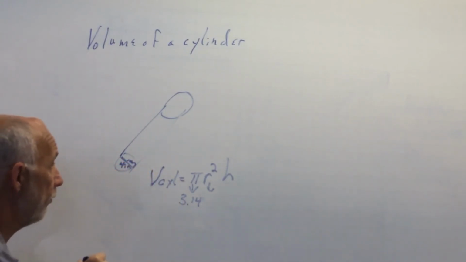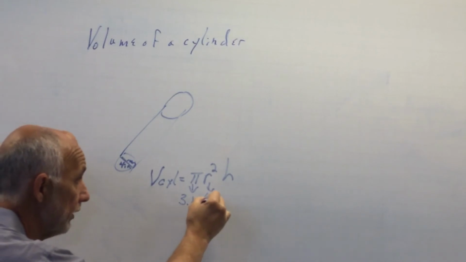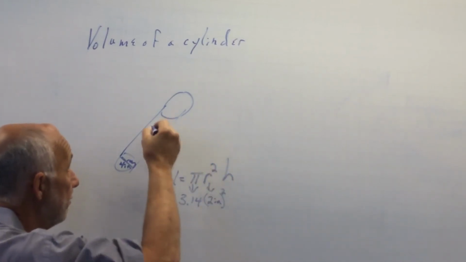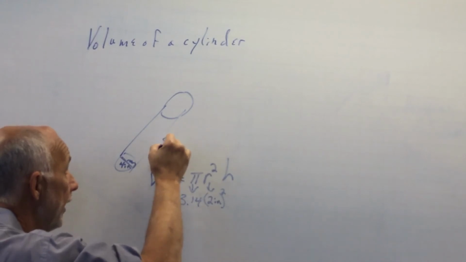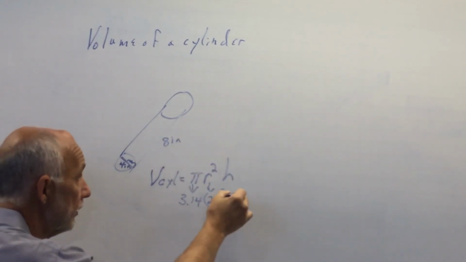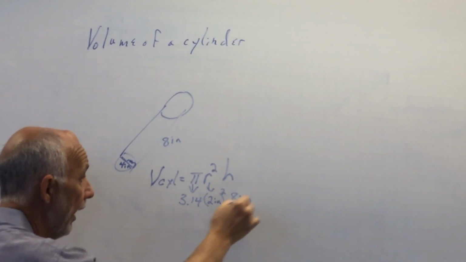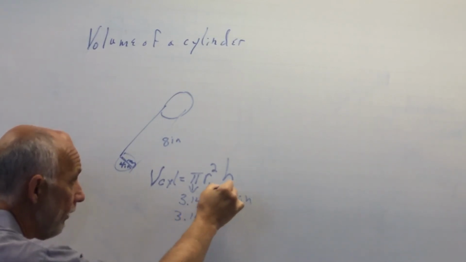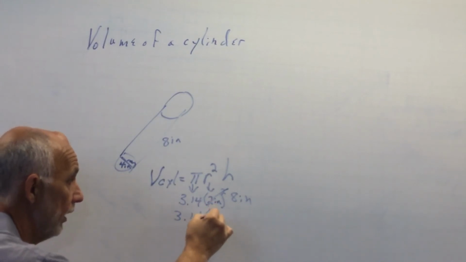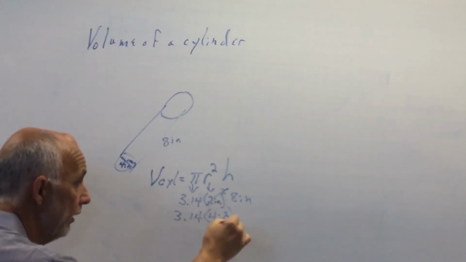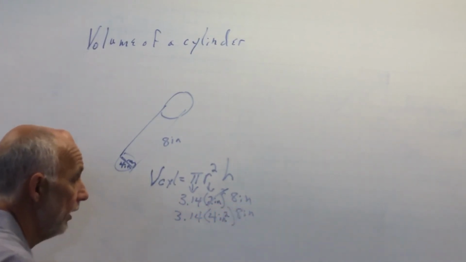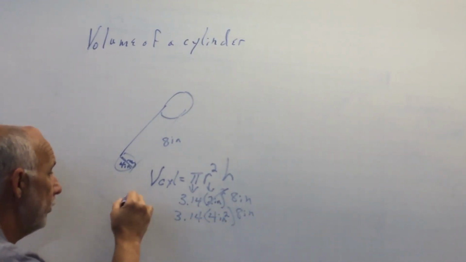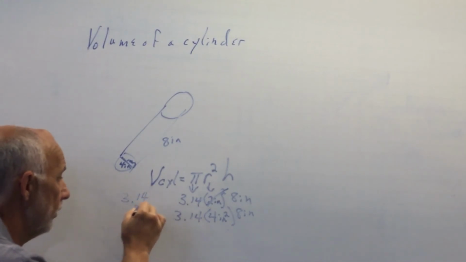And what's half of 4? 2. So this is actually 2 inches squared. And the height, let's say this one is 8 inches. So now I have 3.14 times, order of operations, exponents first, that's 4 inches squared times 8 inches. Again, you could do 4 times 8 is 32, and do 3.14 times 32.